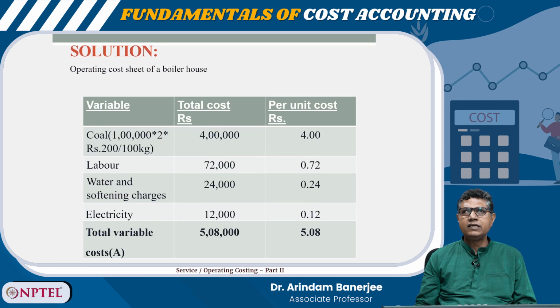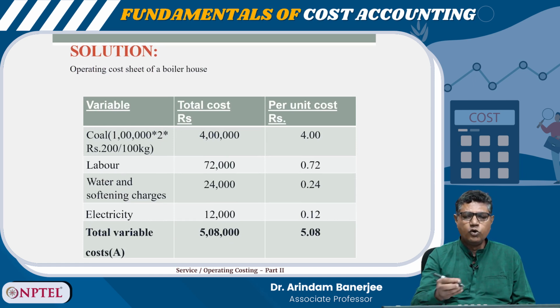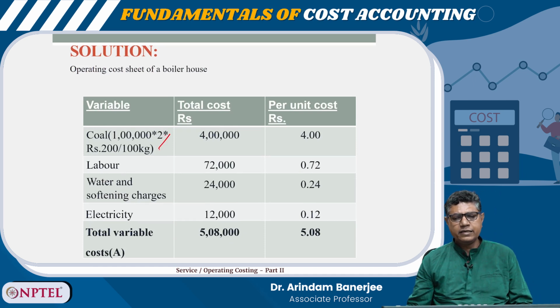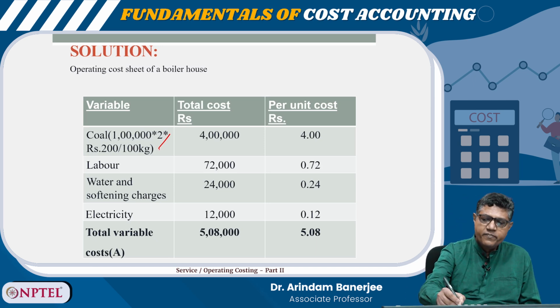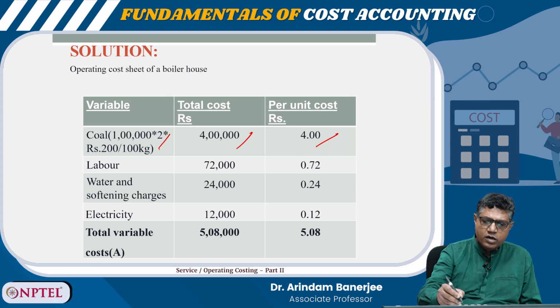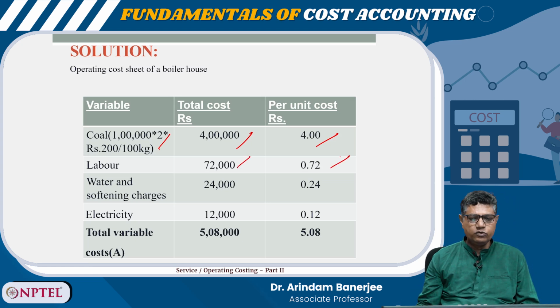So, what are the cost items or the variables? First is the coal. Coal 1 lakh into 2 into rupees 200 by 100 kg. So, total cost is coming 4 lakh. So, per unit is rupees 4. The labor total cost is 72,000, per unit cost 0.72.